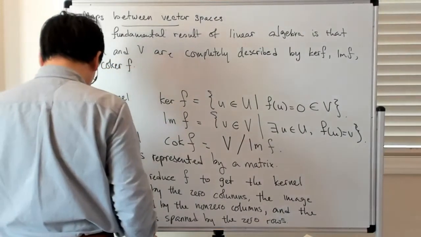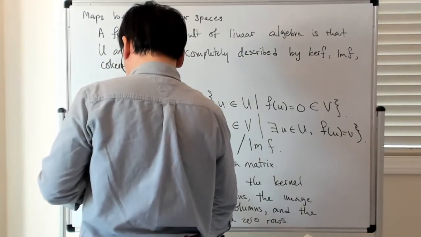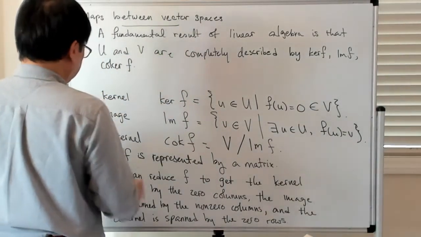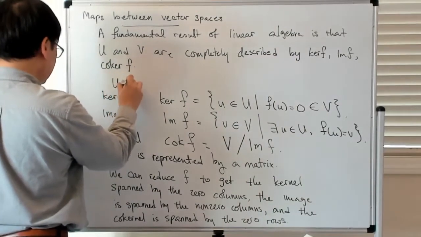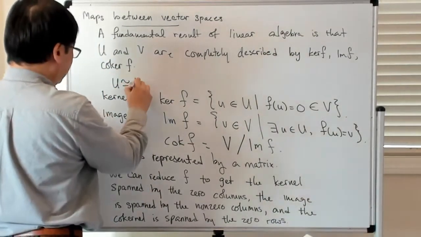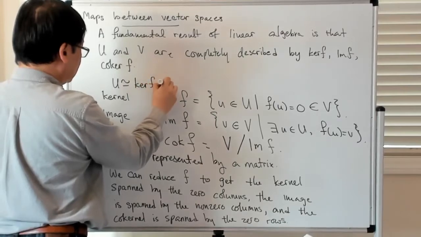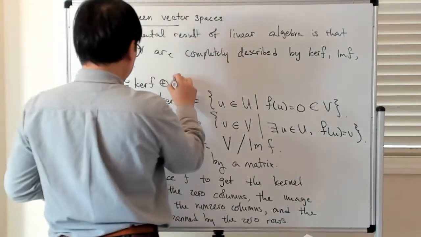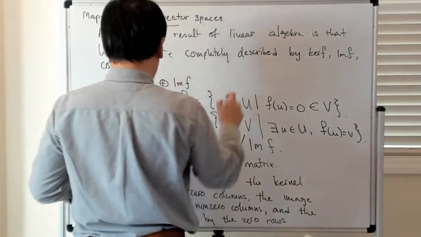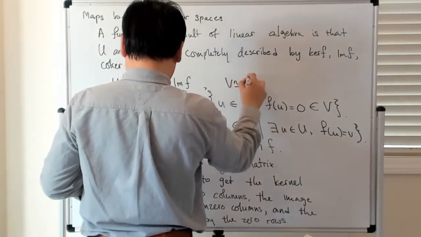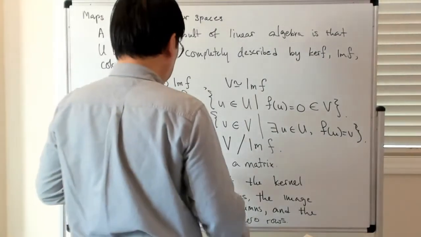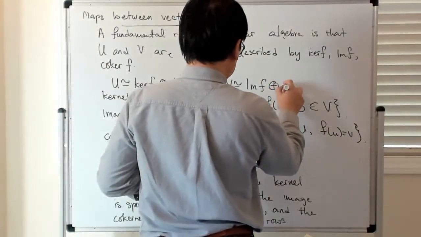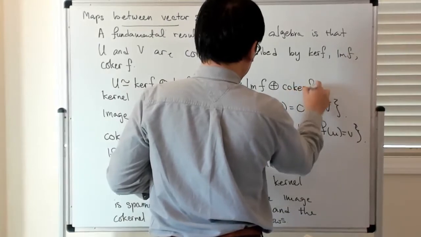What do I mean by that? In particular, U is isomorphic to the kernel of F direct sum the image of F, and V is isomorphic to the image of F direct sum the co-kernel of F.